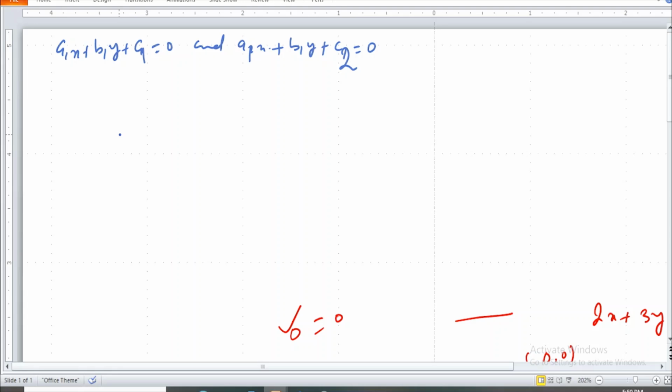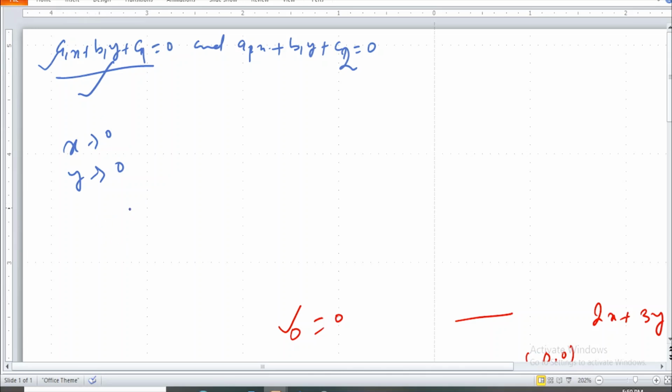In that case, we first find the perpendicular distance of the origin from a line. So what is the perpendicular distance of this line? Clearly, replace x1 with 0 and y1 with 0, and divide by the square root of the sum of the squares of the coefficients.